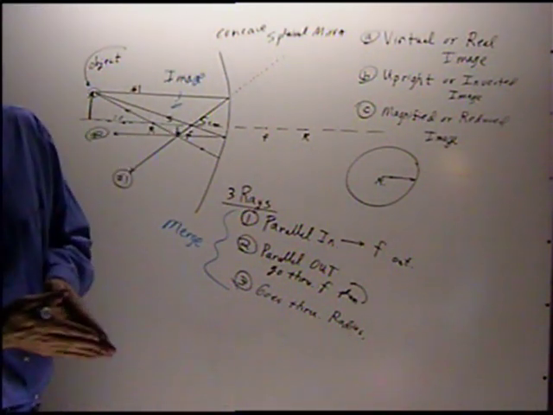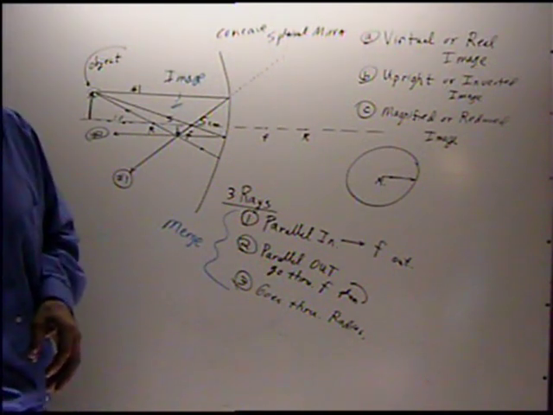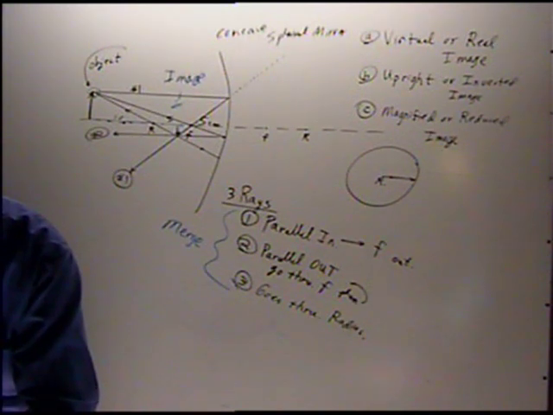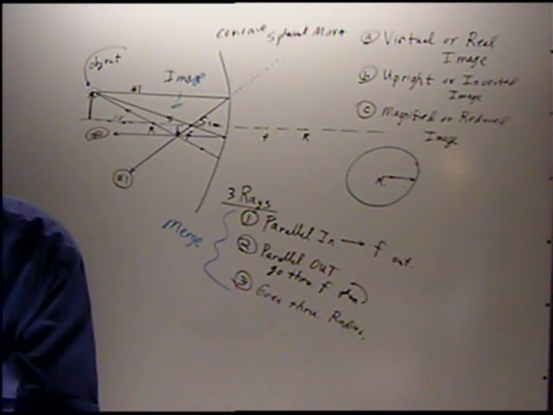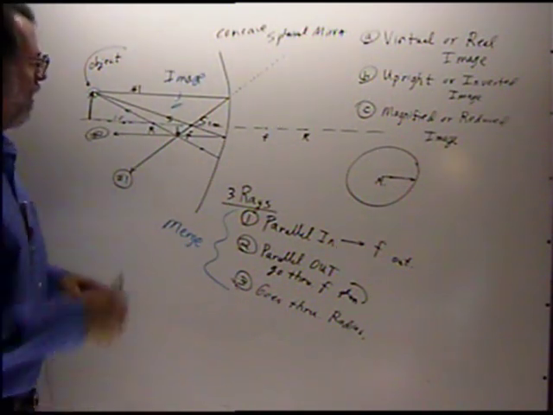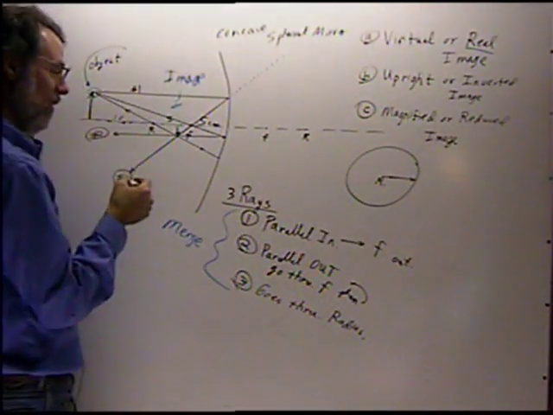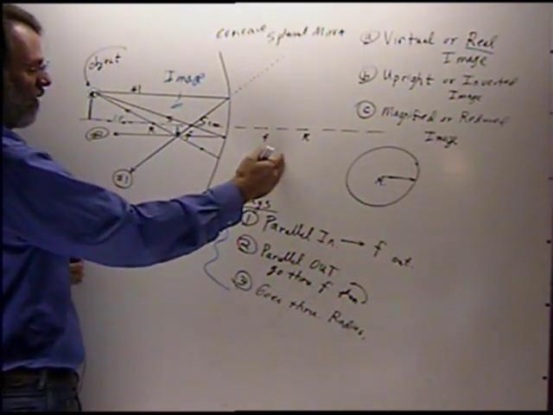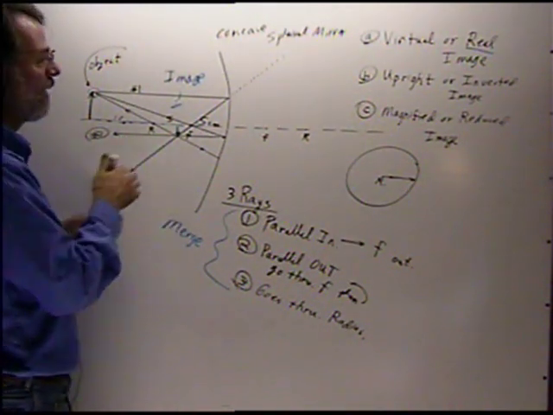So the image is real. If it's on this side of the mirror, if the image were on the opposite side of the mirror, it would be a virtual image. But it's not. It's on this side of the mirror, so it's a real image.